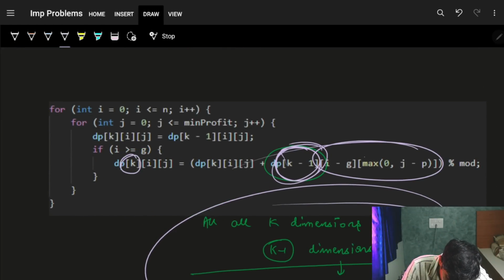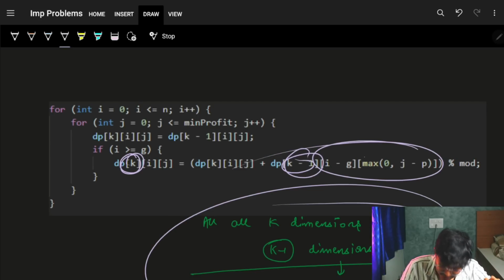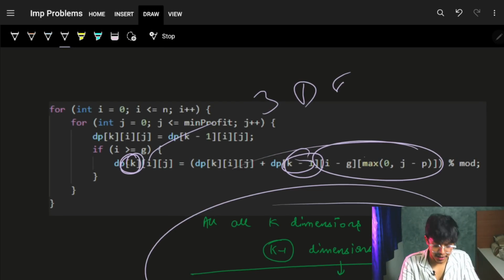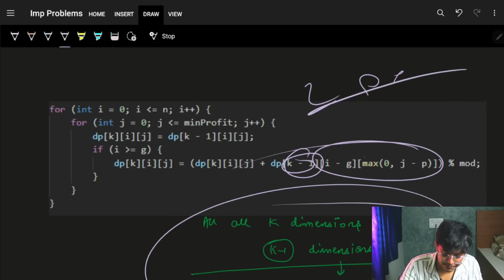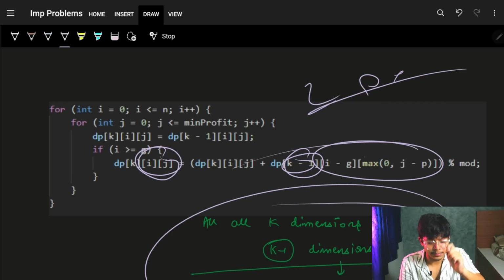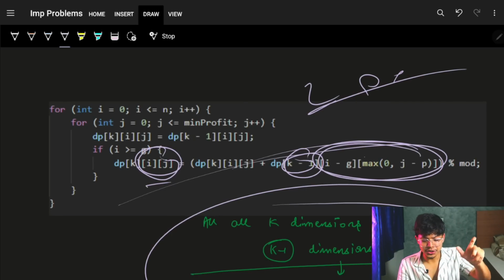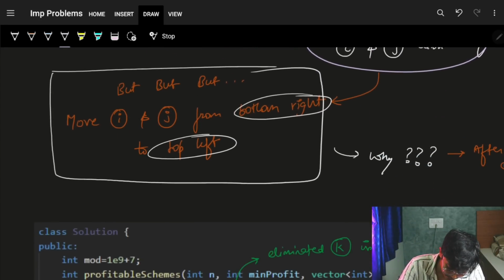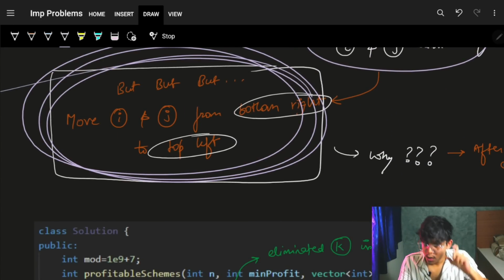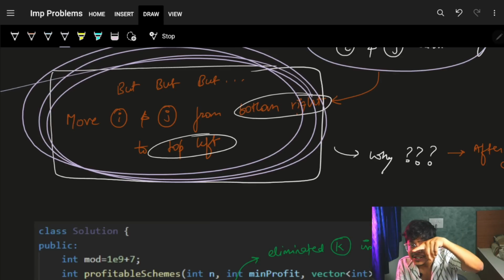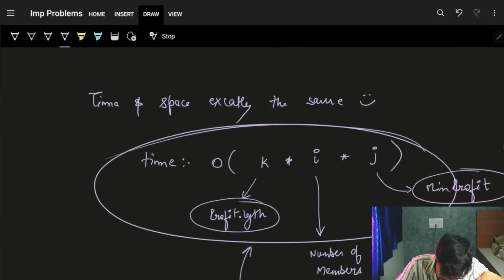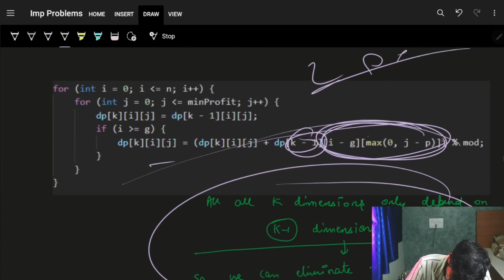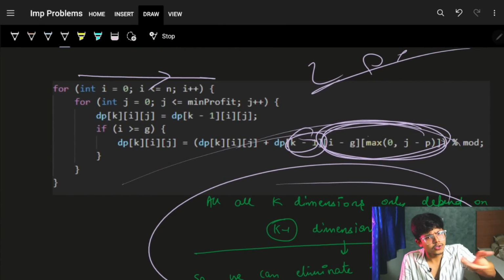It's just that my k and k minus 1, this whole part of the 3D DP array, will get reduced and it will become a 2D DP array. Exactly the same thing, i, j, i minus g and max of j. It was exactly the same as you saw above. But one thing you need to make sure of: earlier your i and j were increasing because of the recursive call.